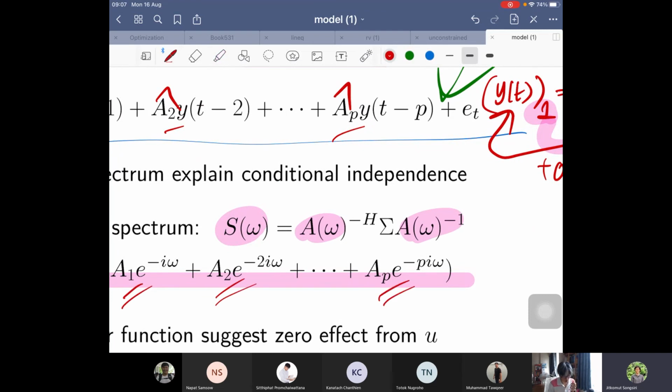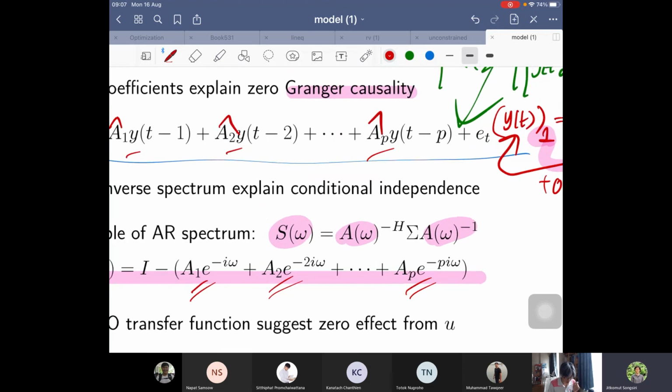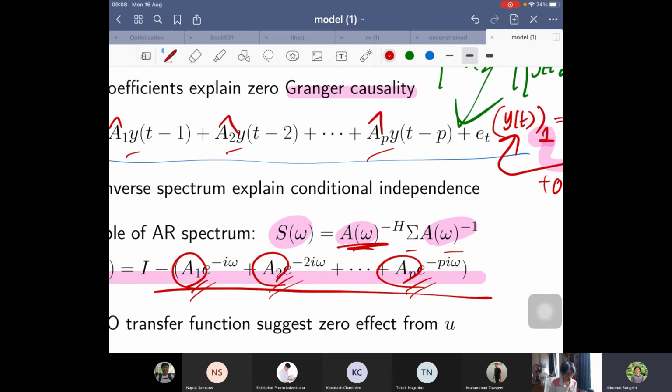At the moment you can just say my spectrum has 3 terms. One term is the matrix polynomial in the frequency domain, and the polynomial is parameterized by these coefficients.